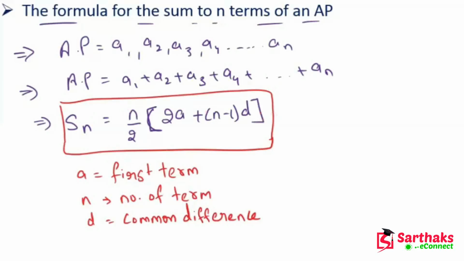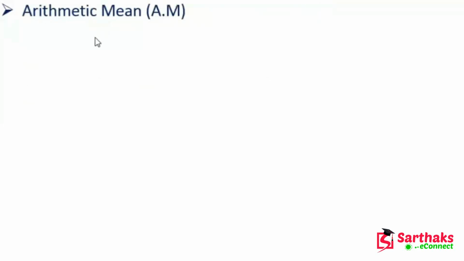Okay, so now let's move on. Now arithmetic mean. What is arithmetic mean? Let's see that. The arithmetic mean is the simple average of a given set of numbers.